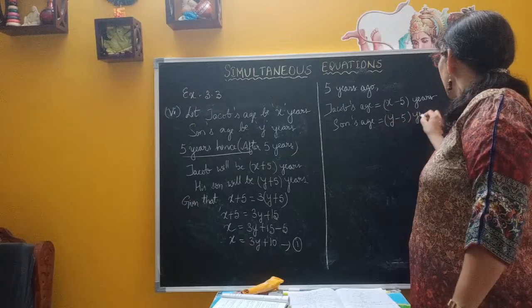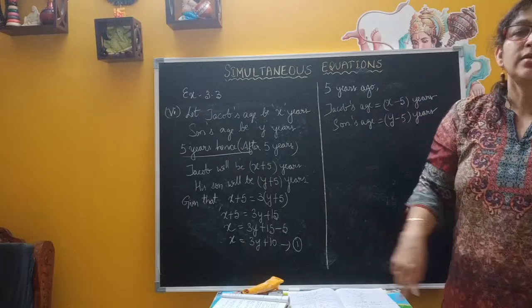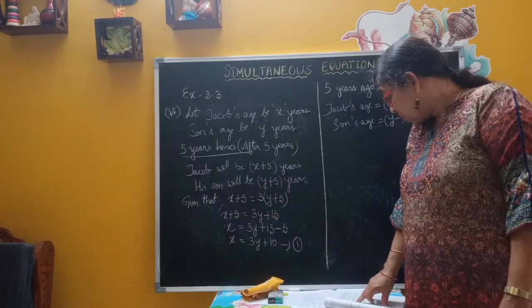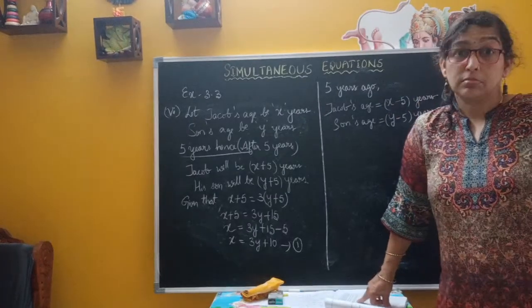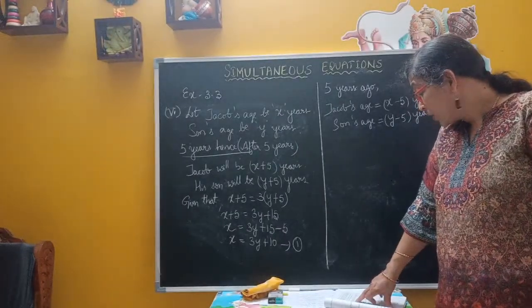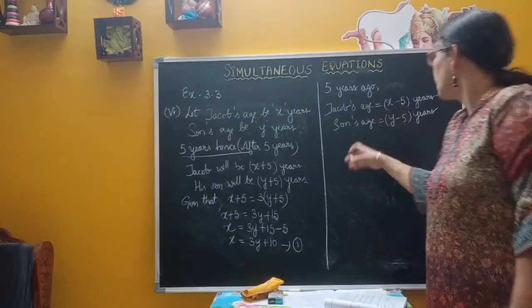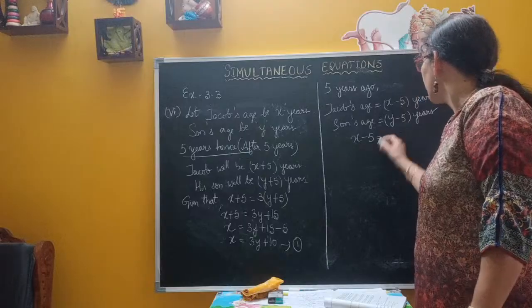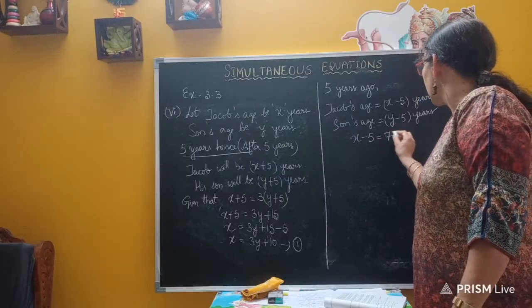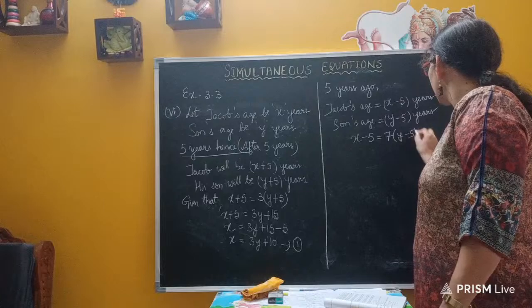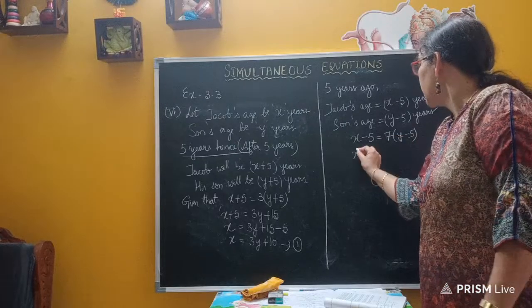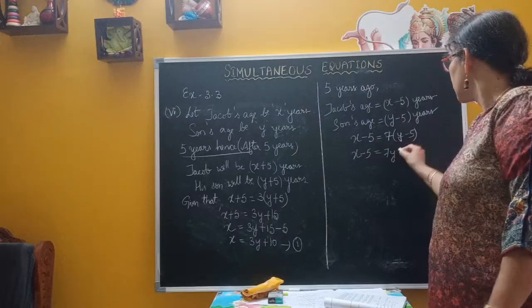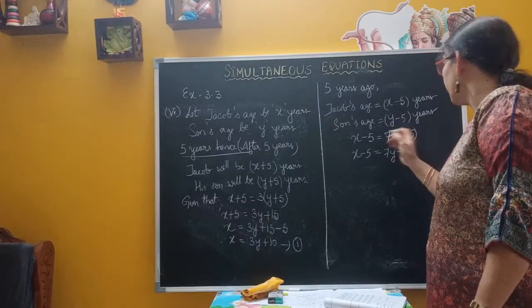But here what is the condition? 5 years ago, Jacob's age was 7 times that of his son. So, given that x minus 5 is equal to what? 7 times y minus 5. Simplify this also. x minus 5 is equal to 7y minus 7 fives are 35.